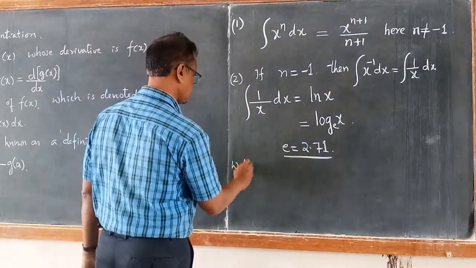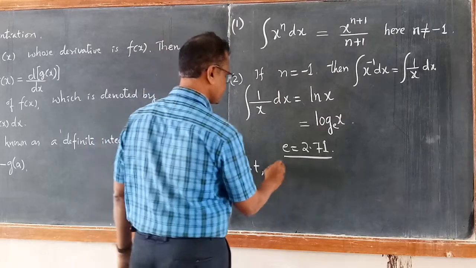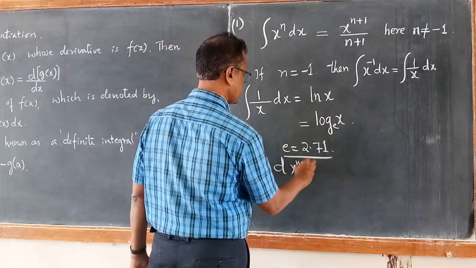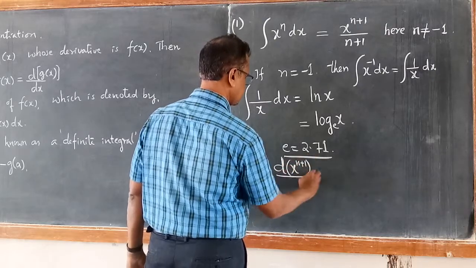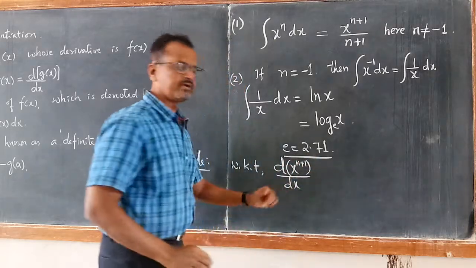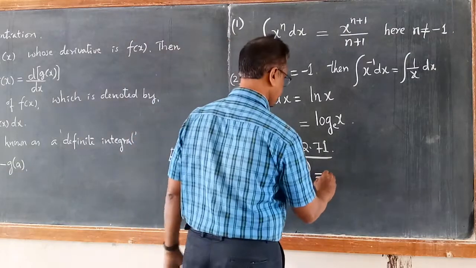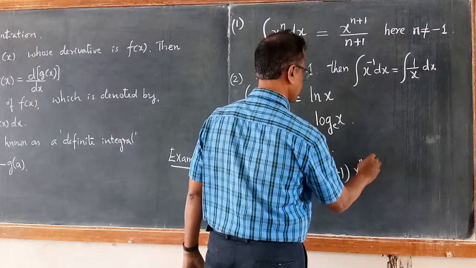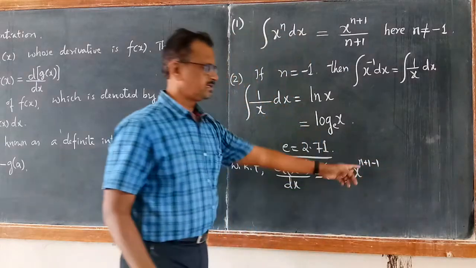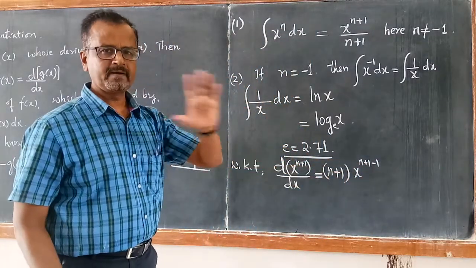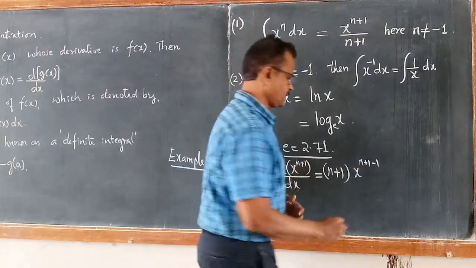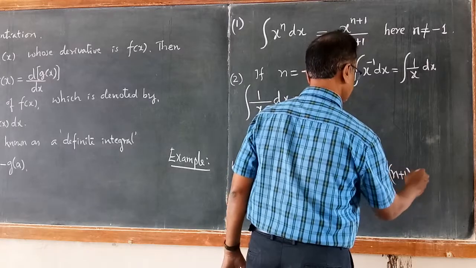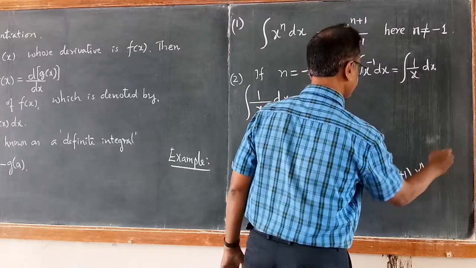We know that differentiation of x to the power n plus 1 with respect to x, if you carry out this with the known formula, we get n plus 1 into x to the power n plus 1 minus 1, according to the standard formula. Then this gives us n plus 1 into x to the power n.